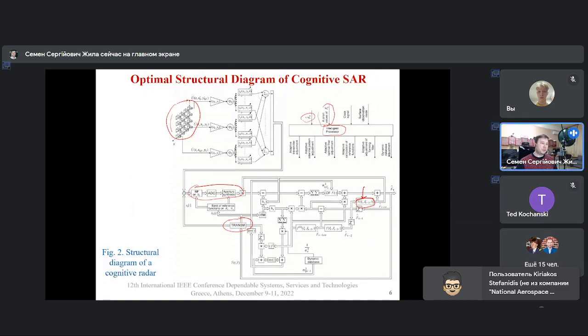Really, we did not have such an idea to apply this technology to LiDAR systems.